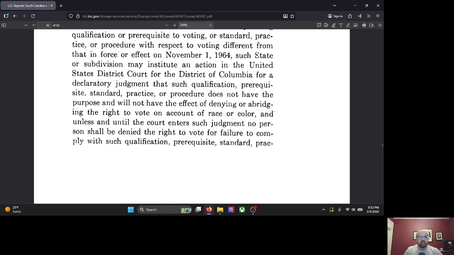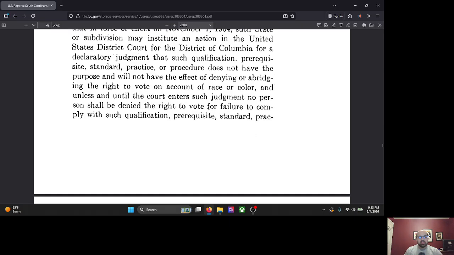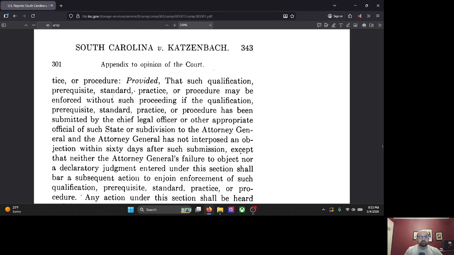And until the court enters such judgment, no person shall be denied the right to vote for failure to comply with such qualification, prerequisite, standard, practice, or procedure.